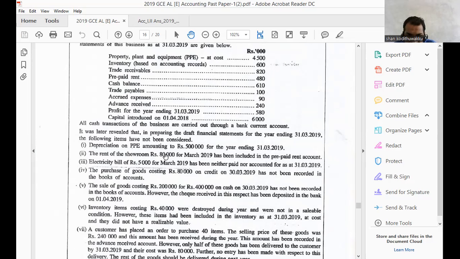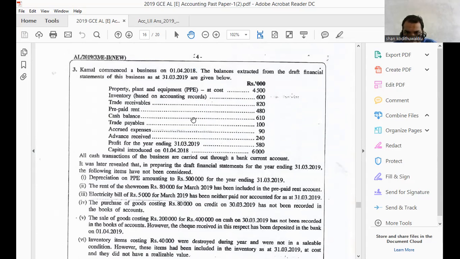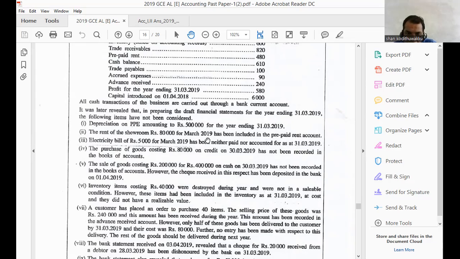Actually, we are given these balances at the closing date, 480. Then the rent of the showroom 80 for March 2019 has been included in the prepaid rent account.